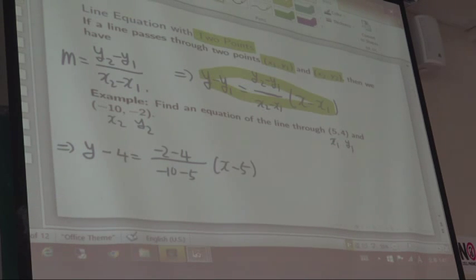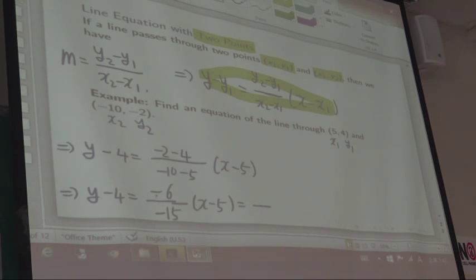Just plug into the formula. And this is y minus 4 is -2 minus 4, which is -6, sorry, over -10 minus 5, which is -15, times x minus 5.